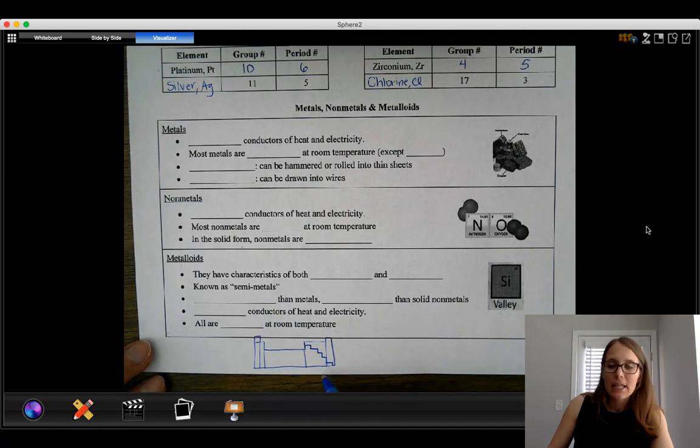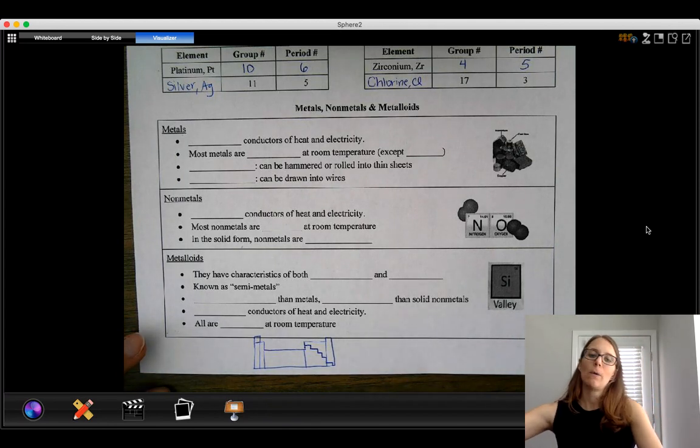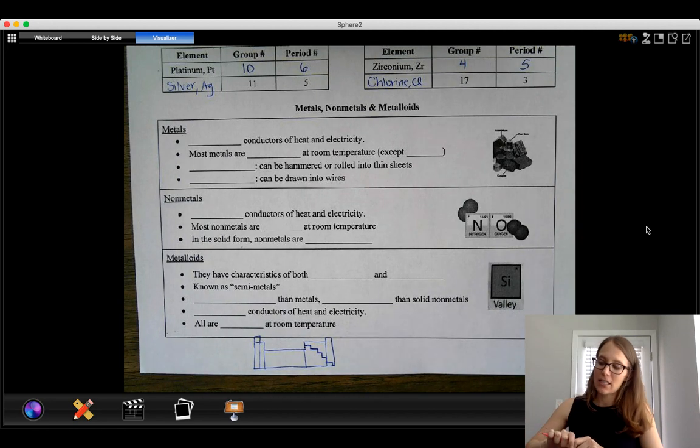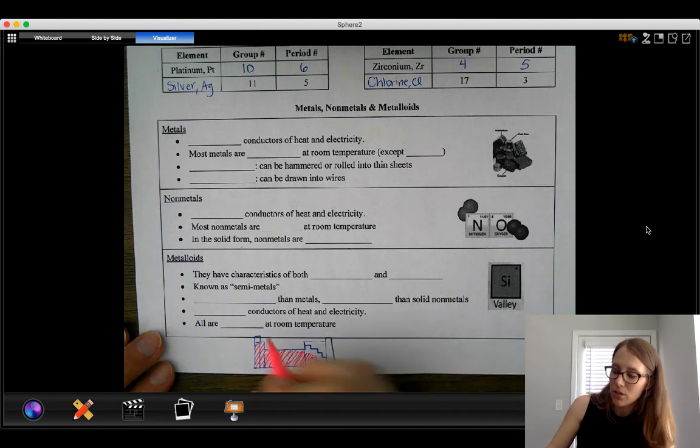But what we're actually going to see is that everything on the periodic table that is to the left of that staircase, with a couple exceptions, all of these elements are going to be metals. And I'm going to get close to the staircase, but not all the way to it. So all of these elements are metals.